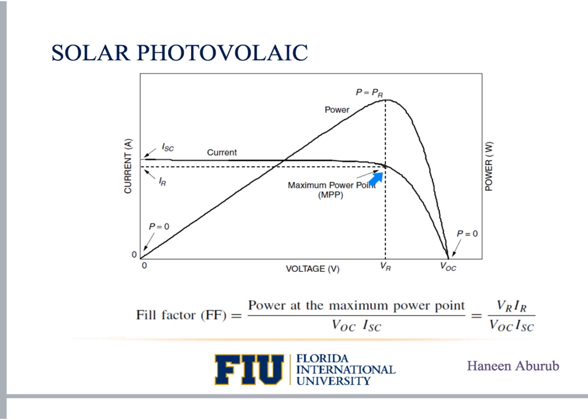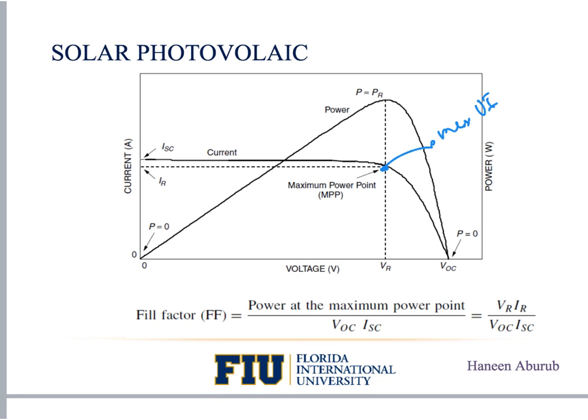It is the spot near the knee of the IV curve at which the product of the current and voltage reaches the maximum value. Here we have the maximum VI product.